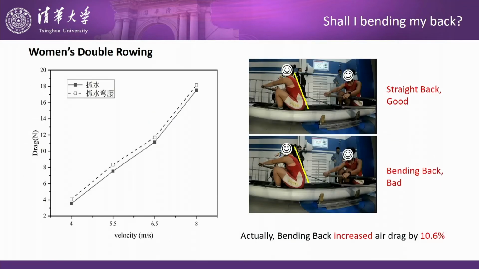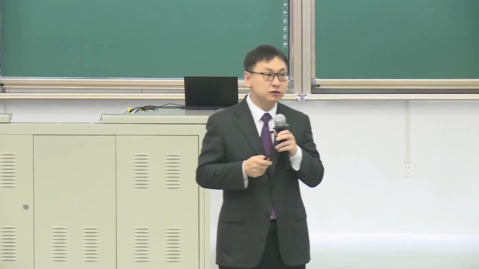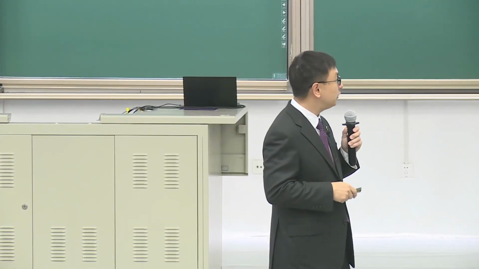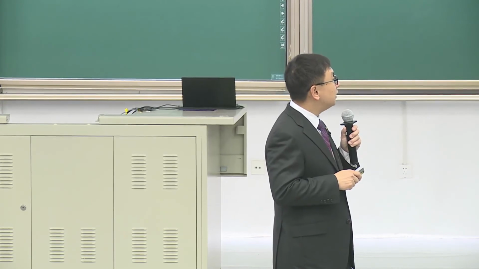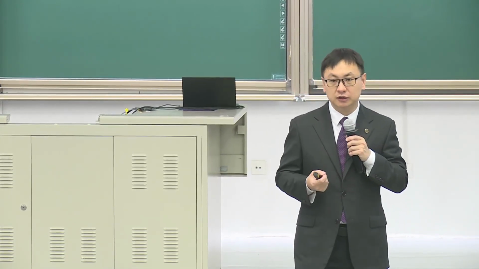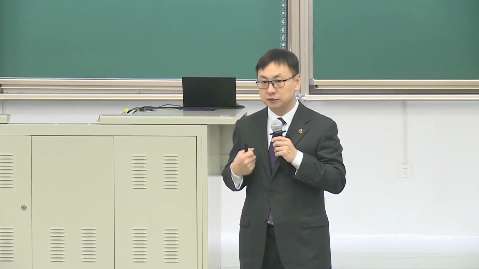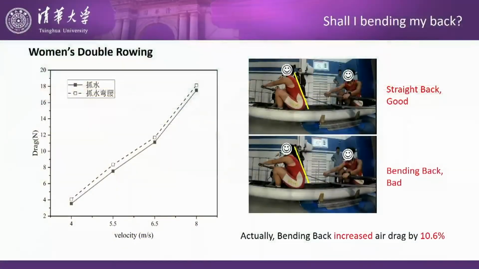Usually people say, I want to make the low pressure area smaller, so I want to shrink my size. Is it true in rowing? This is a straight back, and this one is technically correct in rowing. It's good to give out performance. And this is wrong, but it has a smaller projected area.